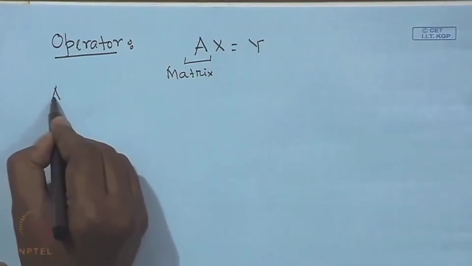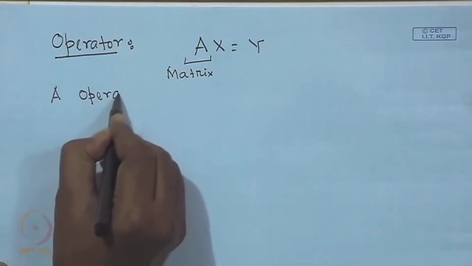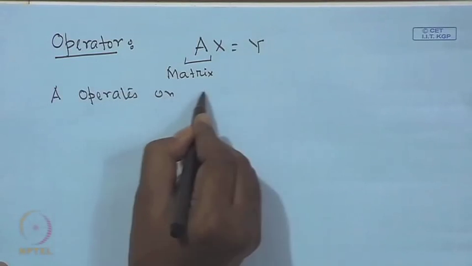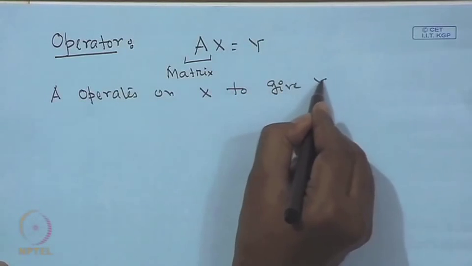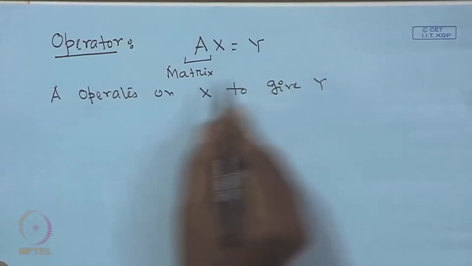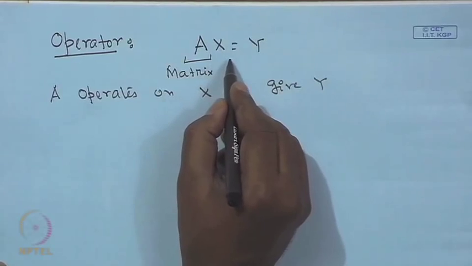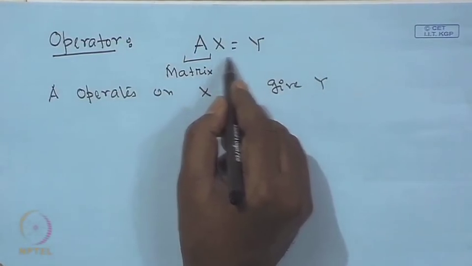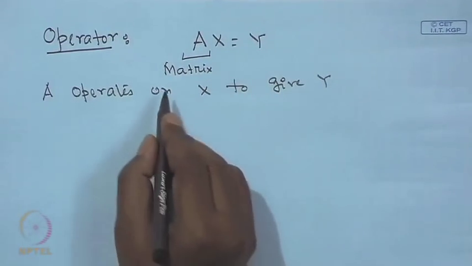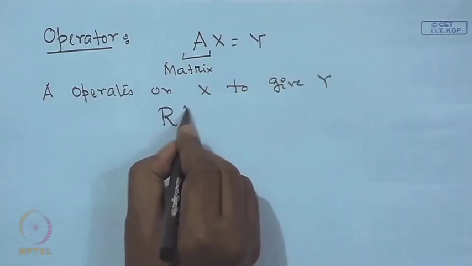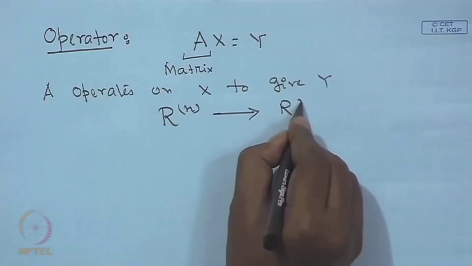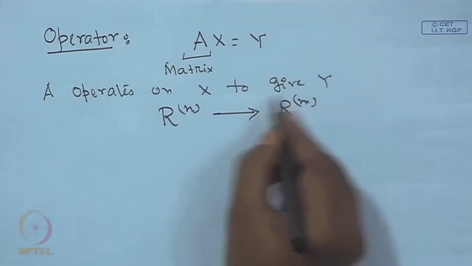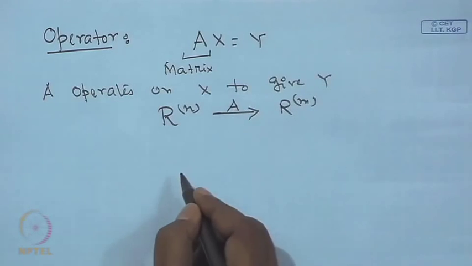So, A operates on x to give y, and if x is an n dimensional vector, then y is an m dimensional vector. So, it maps an n dimensional vector to an m dimensional space. So, this is the operator A.